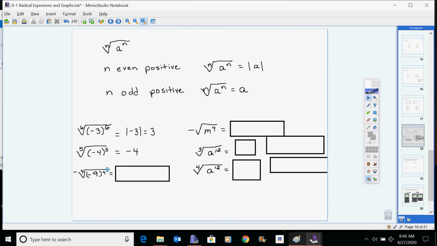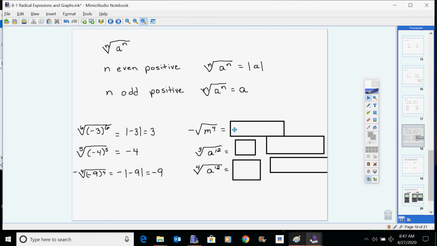So the fourth root of the fourth power of negative 9 would give you a positive 9, because it's the absolute value of negative 9, but this negative on the outside means that your answer is negative 9. So our absolute value rule works, but you have this extra negative out here to throw into making it negative. Okay, here, this one.